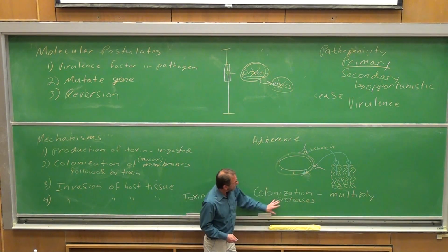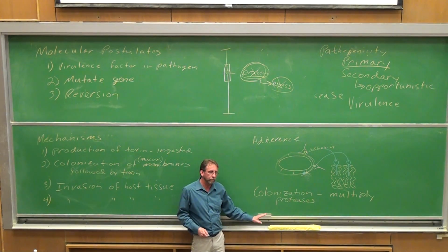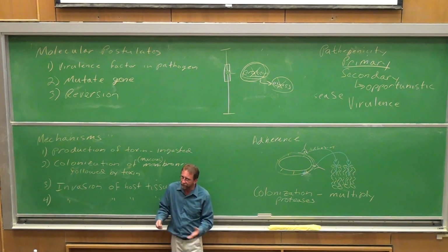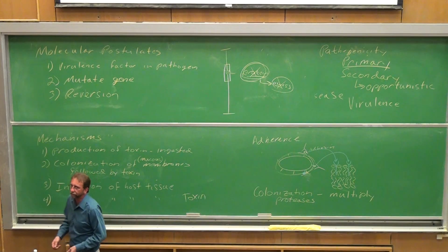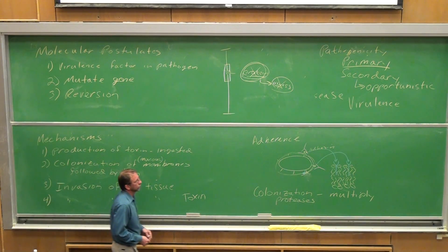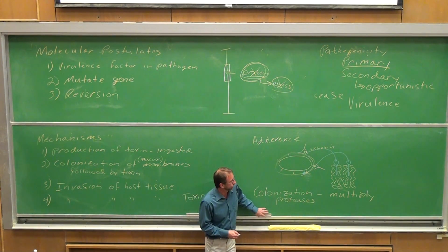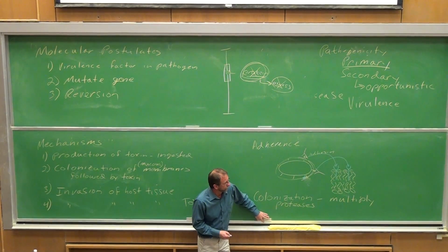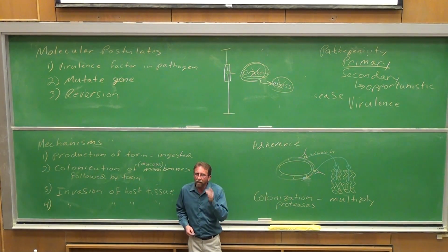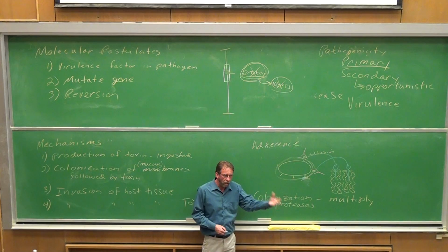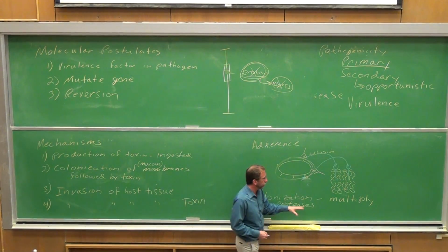So several mechanisms that allow it to multiply. And you have to imagine that really is necessary if the infection is going to take hold. A few cells generally aren't going to cause you an illness.